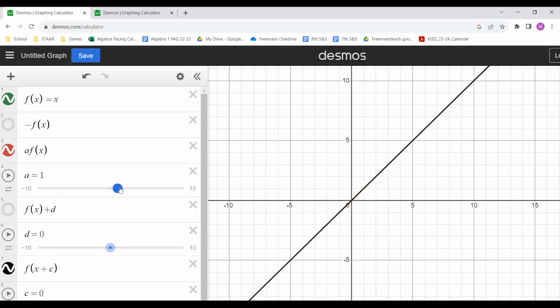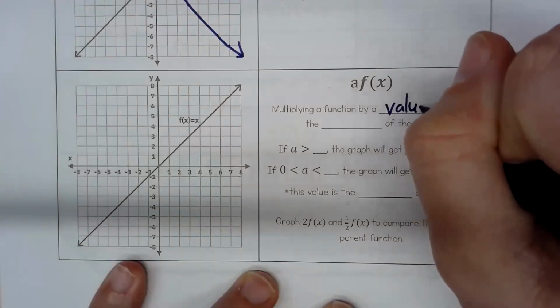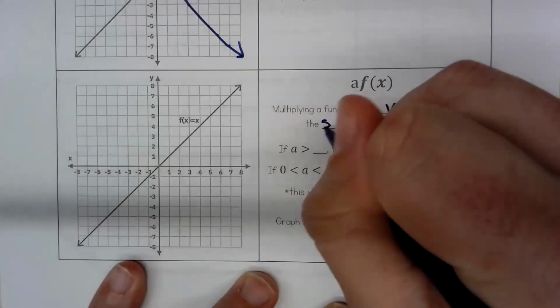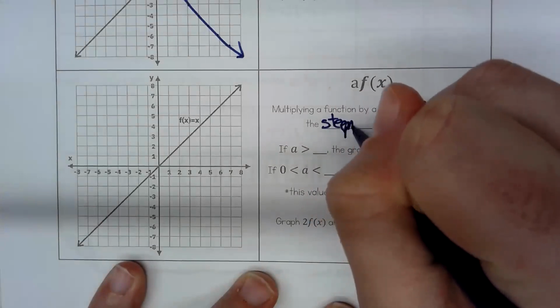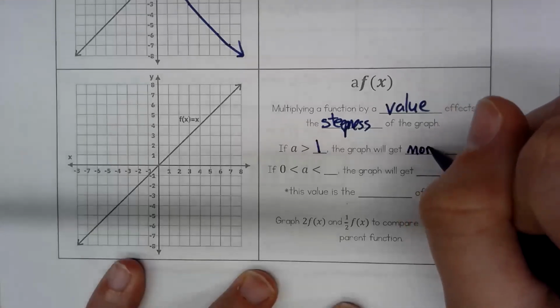So multiplying by a number just changes the slope. So back to our notes. Multiplying a function by a value affects the steepness of the graph. If a is greater than 1, the graph will get more steep.